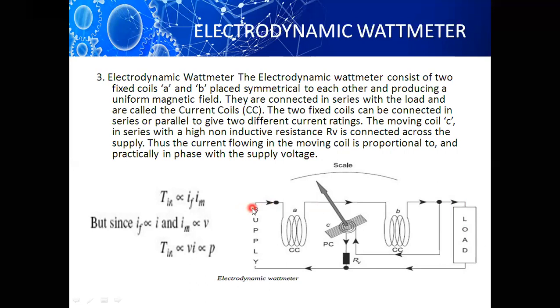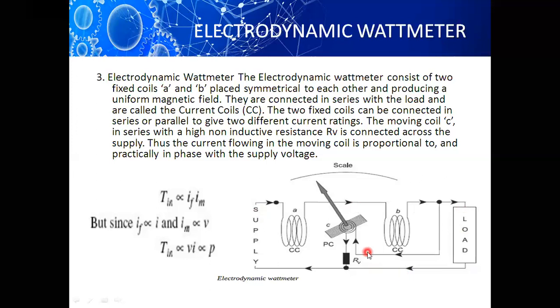Let us trace the path of the current. It starts from the supply, goes through one fixed coil, then another fixed coil, and then through the load. Here we actually have a junction. It clearly states that these coils are connected in series with the load.